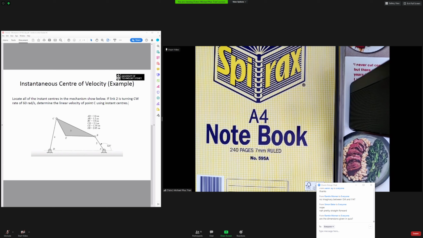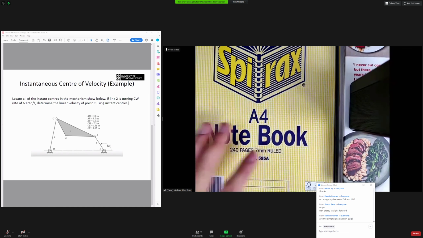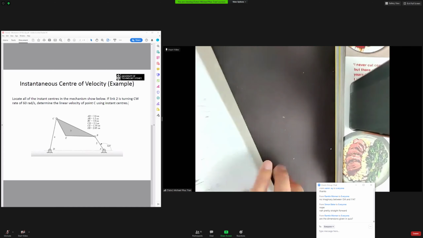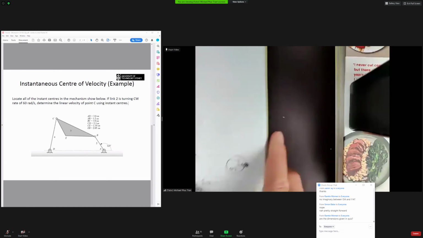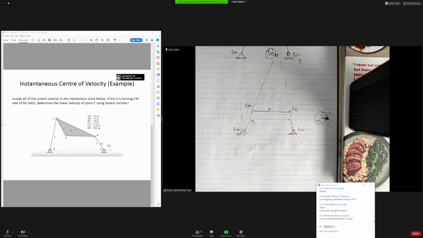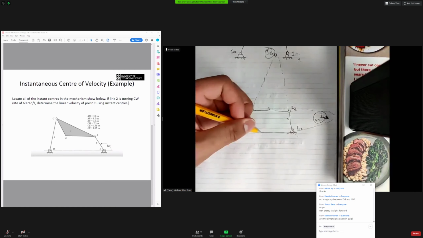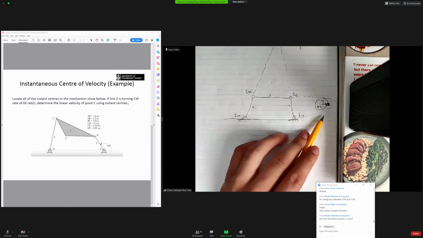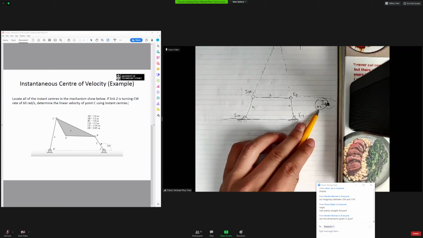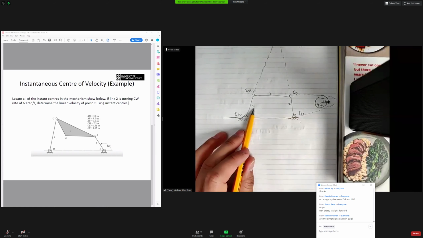Focus more on identifying where the instant centers are, especially the way that I wrote the numbers. So if you've got 4 and 2 here, the instant center on the right is going to be I42. The furthest one has to come first, right?